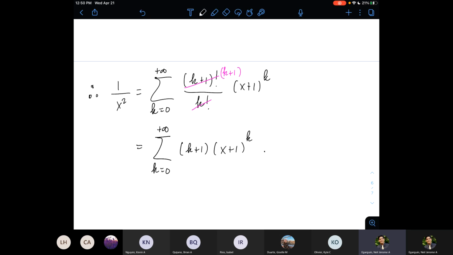Okay, and the interval of convergence here can be obtained by using, I think, the ratio test. All right. Any questions with this?